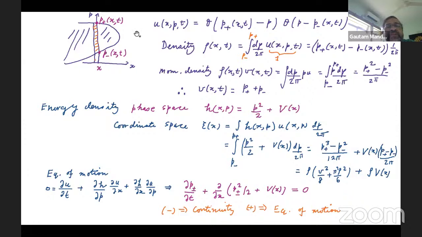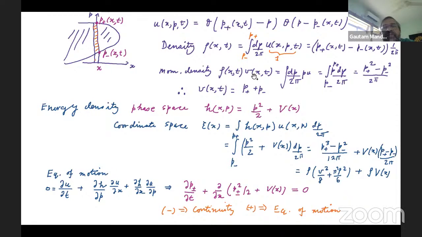So the density is just counting how many fermions there are in this strip. So basically, you take the U, which is the phase space density, and integrate with respect to dP. Now U is 1 between P minus and P plus and 0 outside. So therefore, you get P plus minus P minus. You have to take care of this pi and so on. So that's the density.